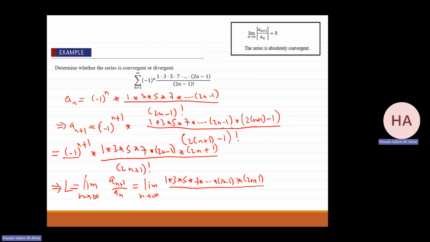Over what? Over 2n plus 1 factorial. What is 2n plus 1 factorial?